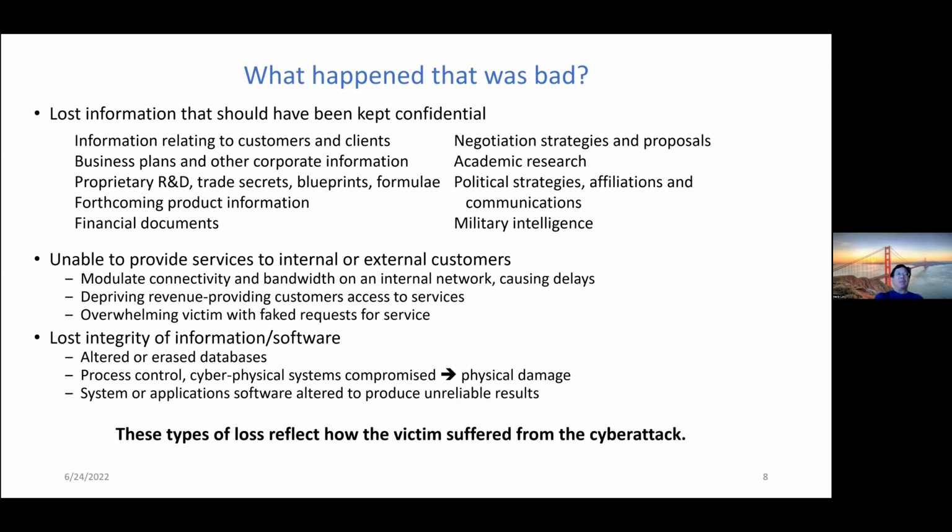And this is a list of things that, it's not an exhaustive list, but here's a list of some of the things that can be lost as a confidentiality breach that are bad.